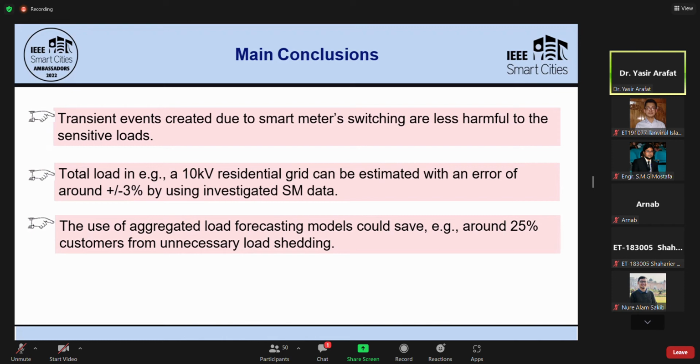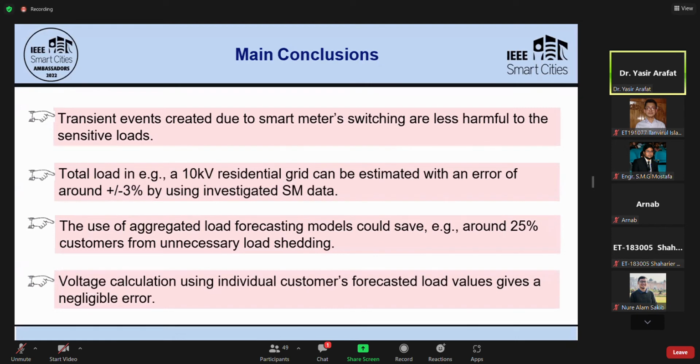So this load forecasting model could help to estimate the current amount of load of the selected customers, and it would help to avoid unnecessary load shedding.